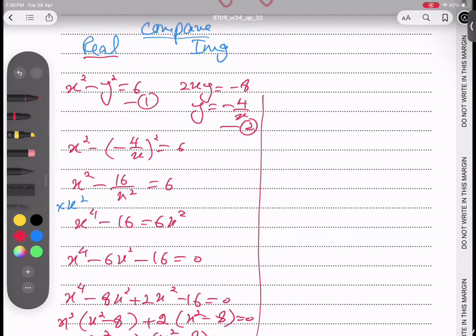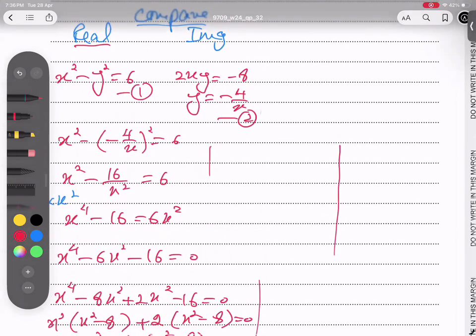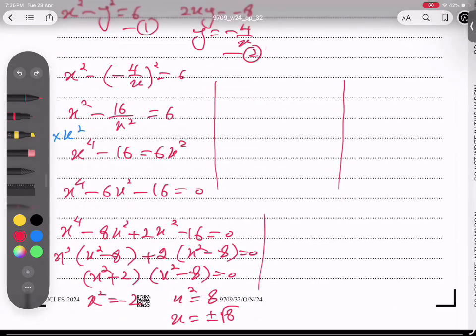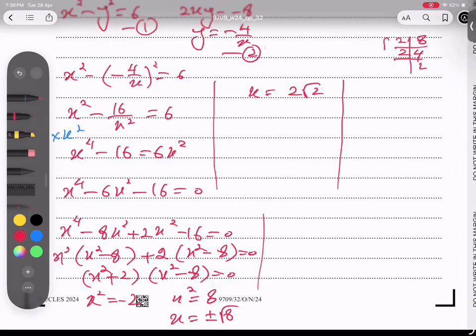Now get ready for this. First answer, I'm writing here x is 2 root 2. How 2 root 2? Because 8 is 2 fours and 2 twos, so one pair, so 2 square into 2 will give you 2 root 2.